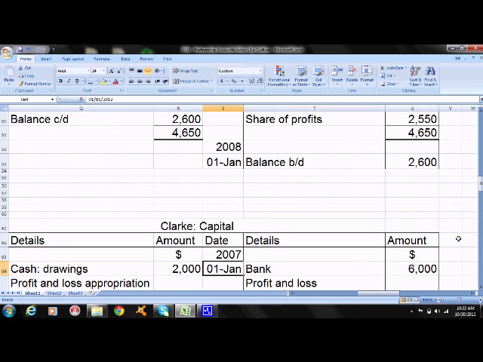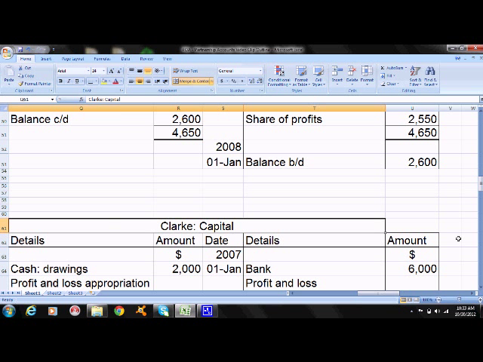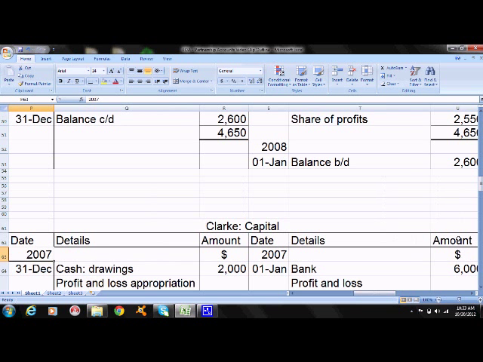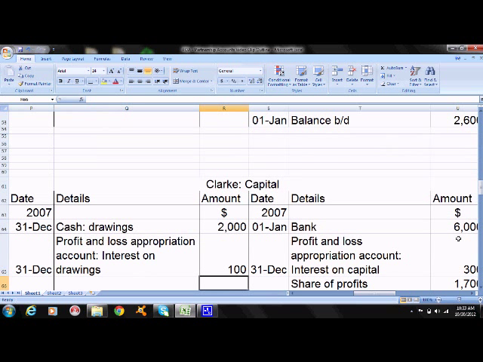Alright. Next, we look at Clark's capital account in the fluctuating capital accounts. So first thing, as usual, we bring down the $2,000 cash drawings, and then we would debit the capital account with interest on drawings. So we debit the capital account with cash drawings and interest on drawings.